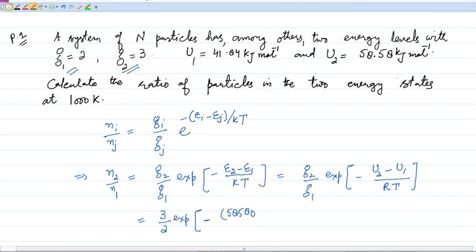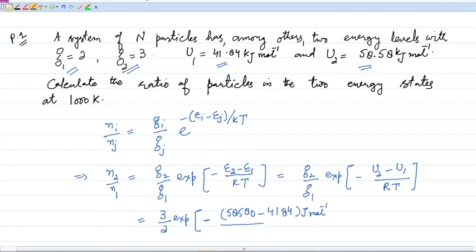We can change this into joule per mole, simply multiply by 1000, so minus 4184 is in joule per mole.